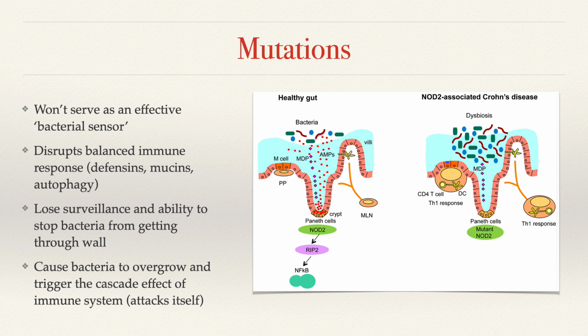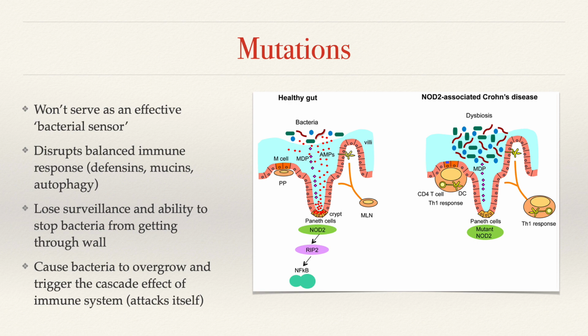That cascade which is happening won't occur regularly, and there will probably not be stimulation of the nuclear factor kappa B, and we will be missing the release of specific cytokines like IL-22. Therefore, because IL-22 is upregulating defensins and mucins and autophagy, as a result, we will lack those things in somebody with Crohn's disease within their gut.